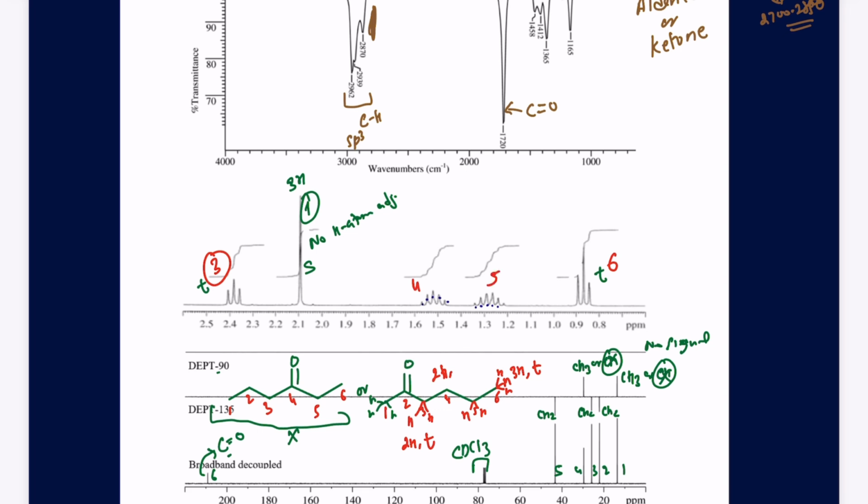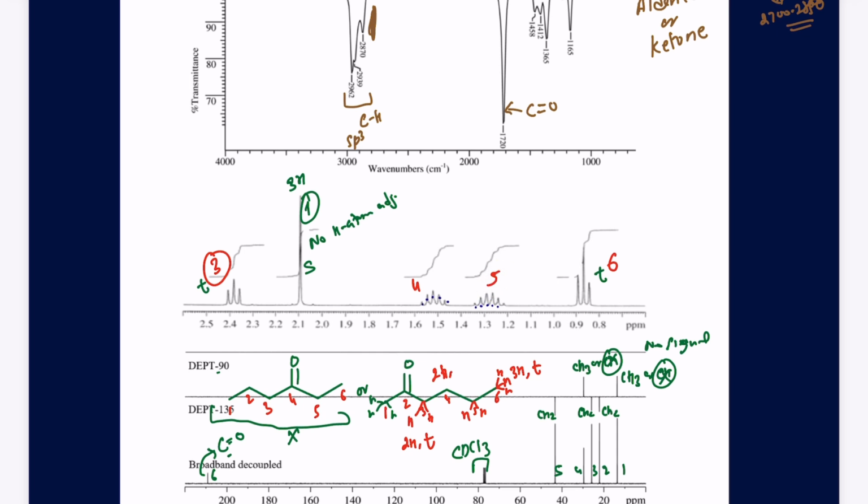And just see how many signals I got here: 1, 2, 3, 4, 5, and 6. So it must have 5 neighbors, assuming all the coupling constants between the neighbors are the same. Proton 5 has 3 neighbors on the right side, and 2 neighbors on the left side on carbon 4. So I do have a total of 5 neighbors, so that would give you a sextet here, or 6 peaks, and that's what you're really getting.